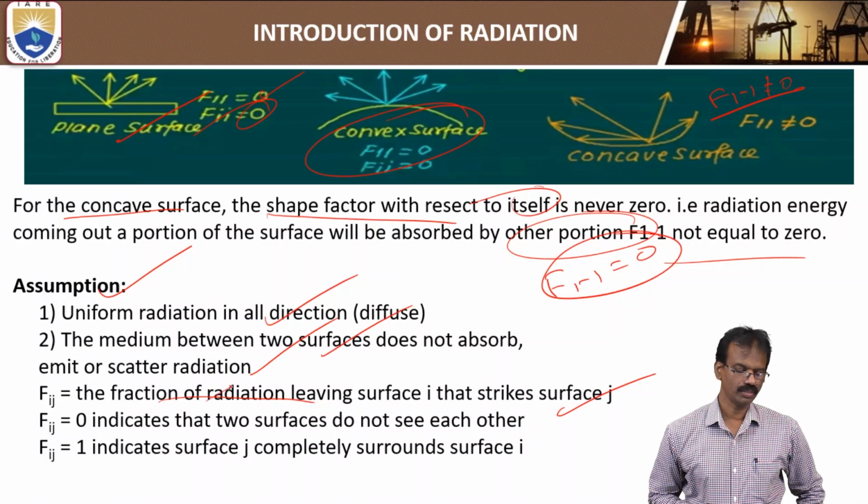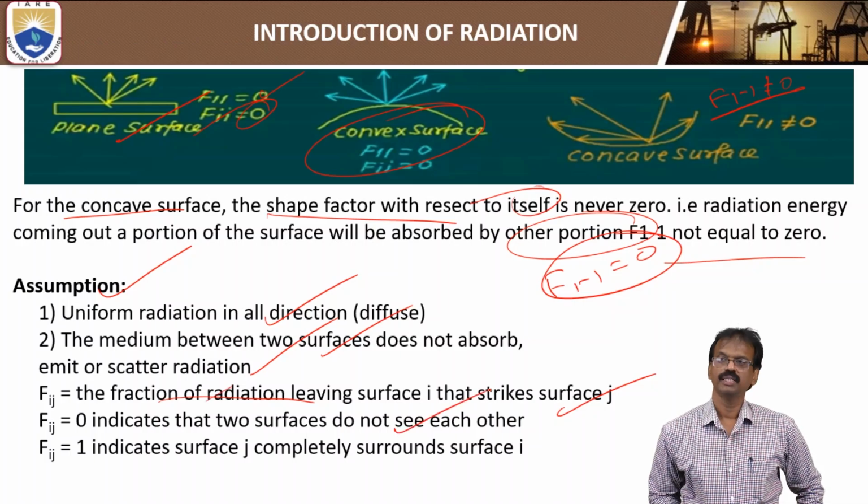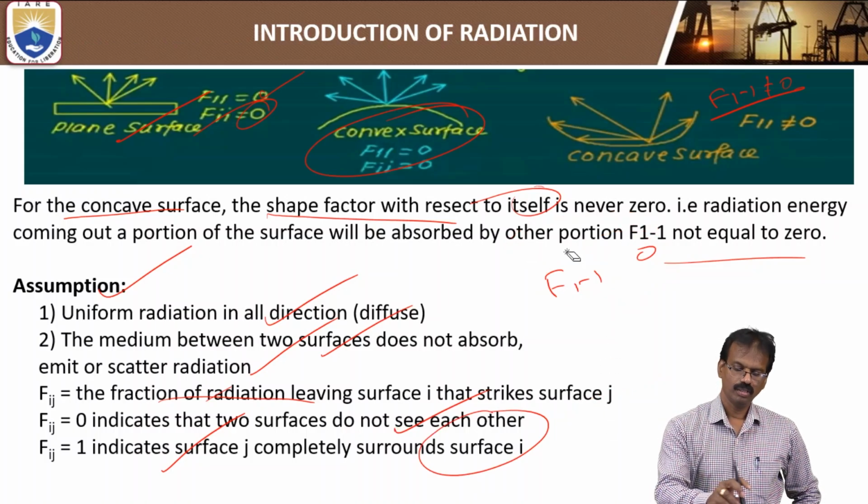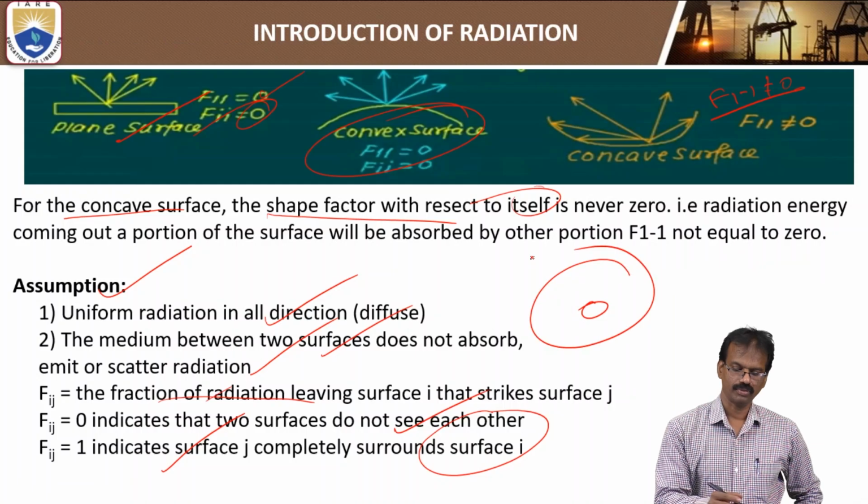Fij equal to 0 indicates the two surfaces do not see each other. Fij equal to 1 indicates surface j completely surrounds surface i, so one surface is covered by another.